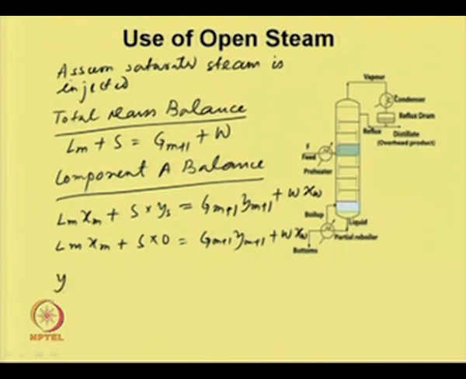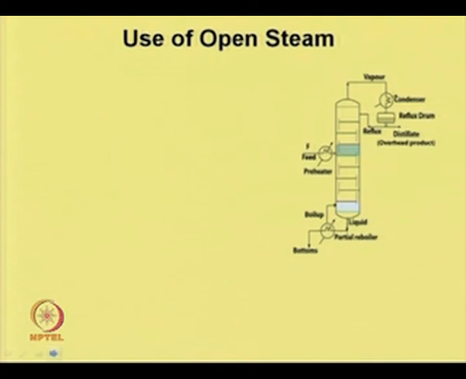It will give y m plus 1 would be Lm by G m plus 1 x m minus W by G m plus 1 x W. So, we can write, since there is no reboiler, Lm would be W, and steam is saturated.